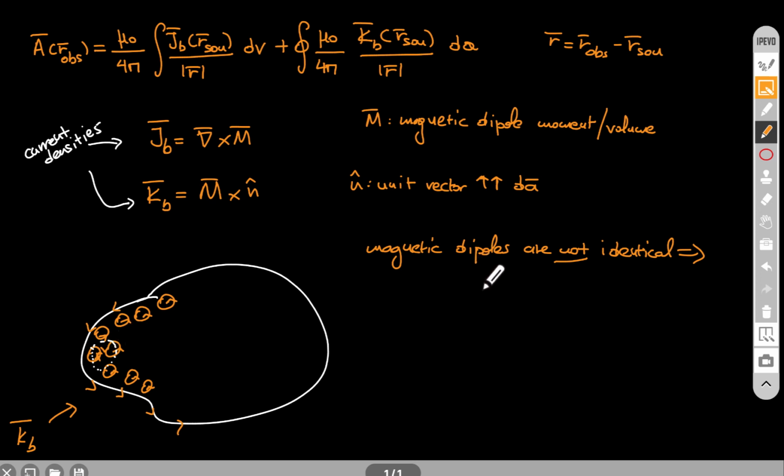That's when your magnetization is not uniform, and this will give rise to your volume current density. This is inside the volume of the object.